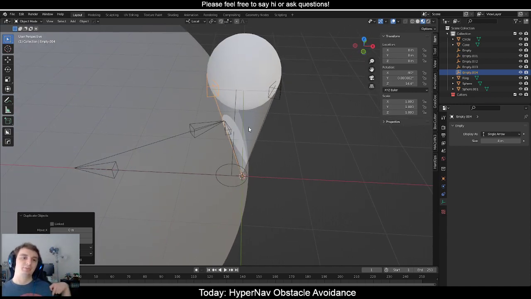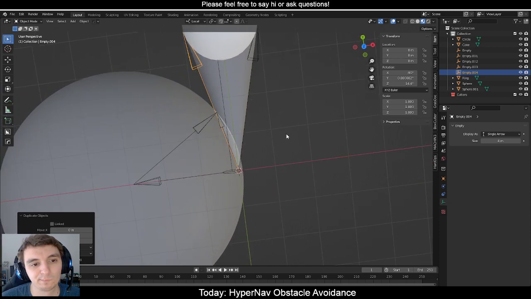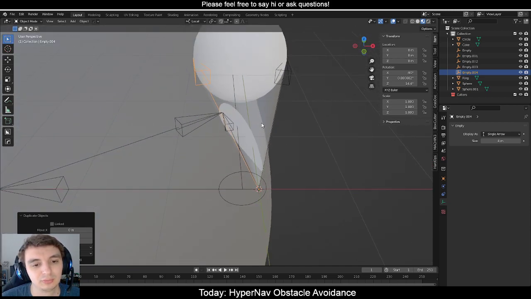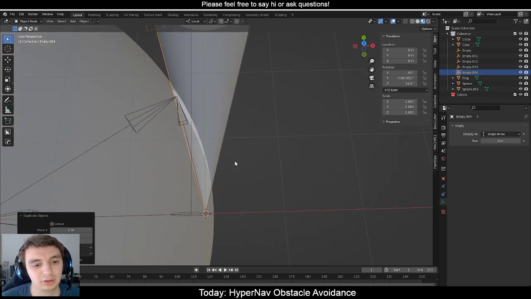Now, it is possible that these vectors will be the same, or that they won't exist at all. Wait, how do I calculate these?